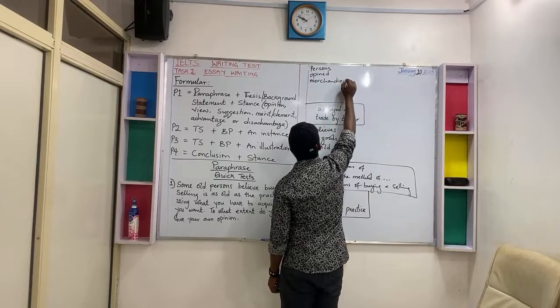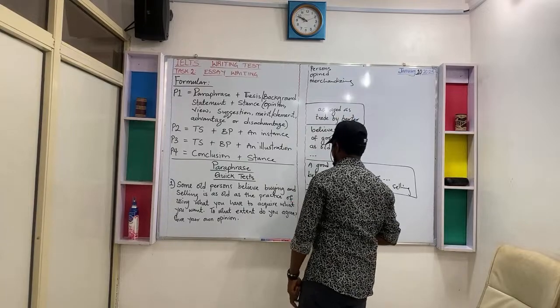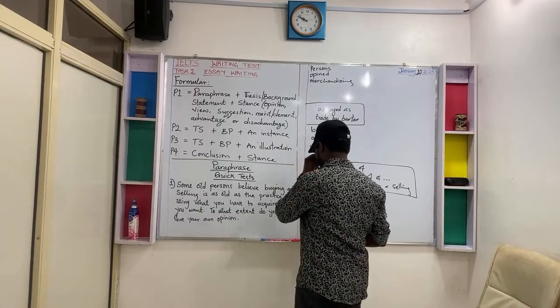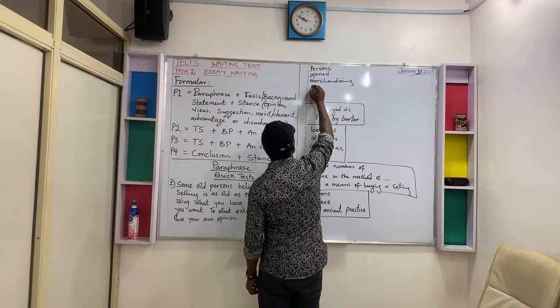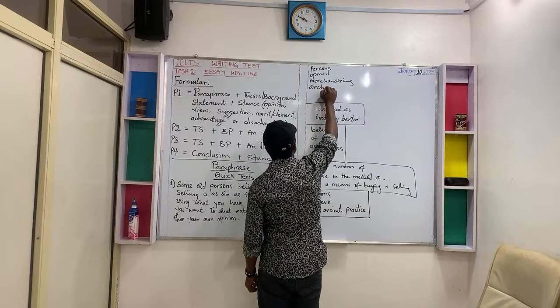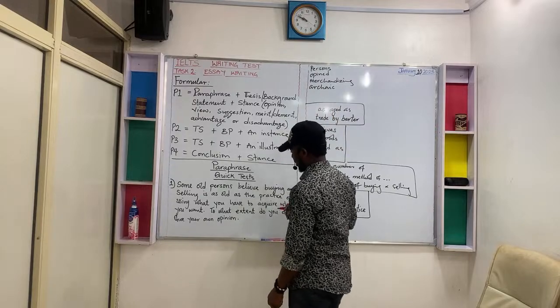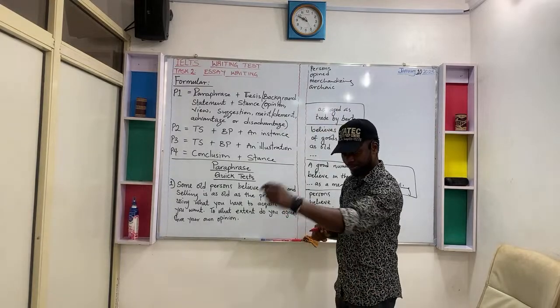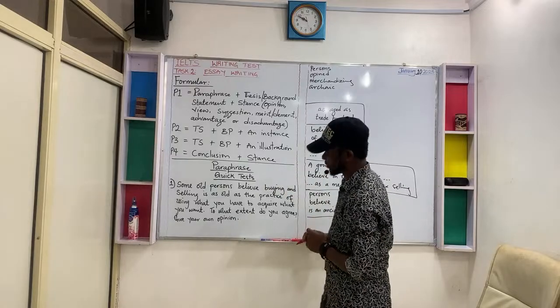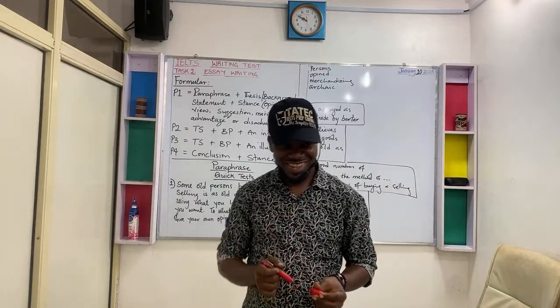M-E-R-C-H-A-N-D-I-Z-I-N-G. Okay. As archaic as the practice of trade by barter. Archaic, please spell it. A-R-C-H... Is that correct? Yes. Okay. As archaic as what? As the practice of trade by barter. Please pass to her.